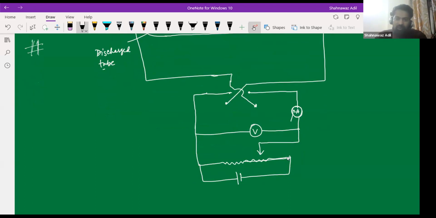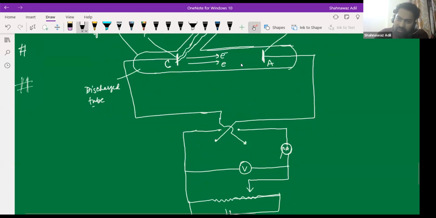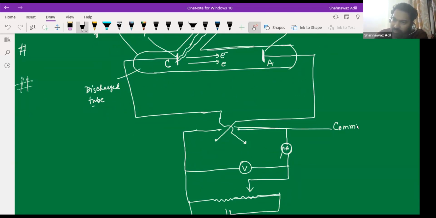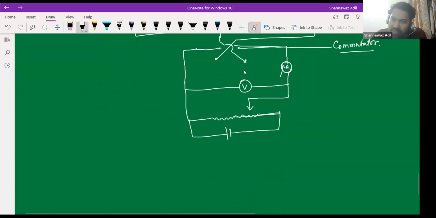This part is called a commutator. You will see what the use of this commutator is. Let's say this is the A part and this is the C part.